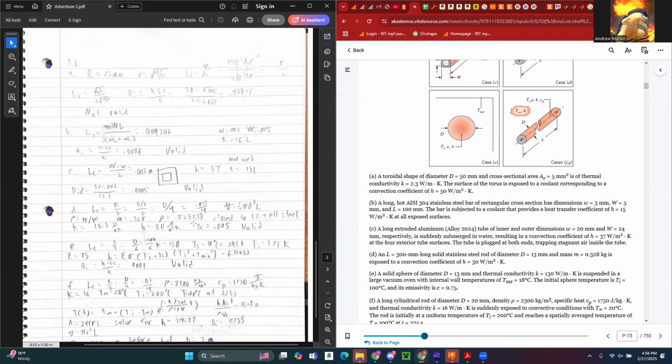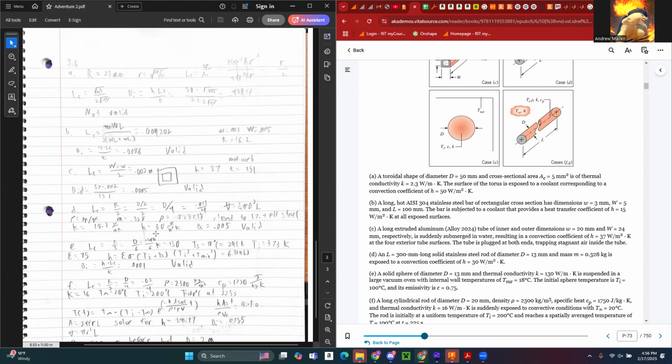Case E is a sphere, meaning that the characteristic length is R over 3 or D over 6, which is about 13 millimeters over 6. I'm just verifying that I did, in fact, put in the correct numbers.